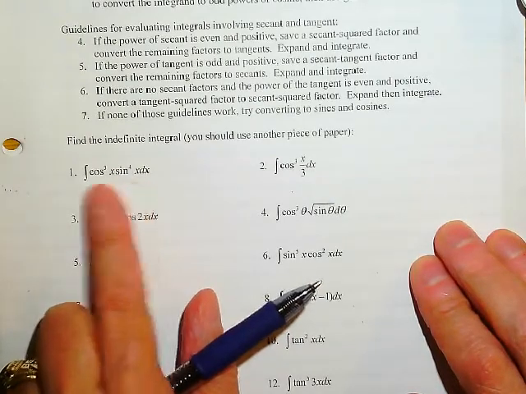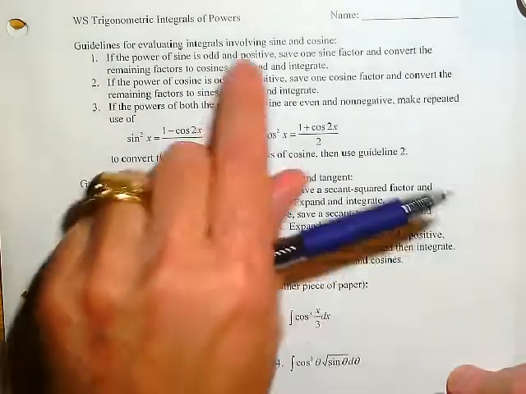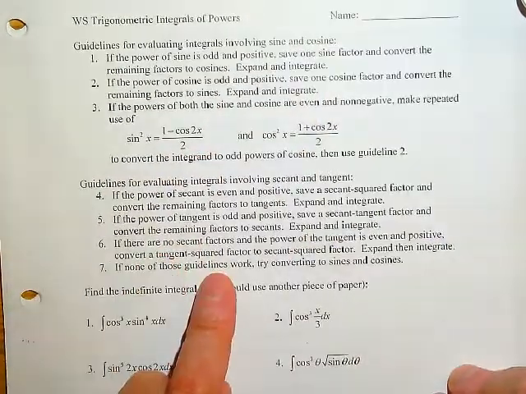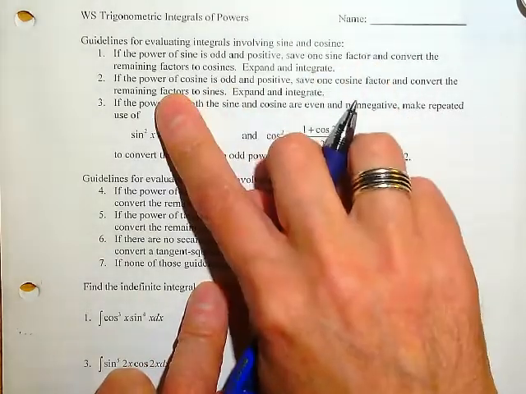You're going to have multiple examples like that. So sine is odd and positive, save one of those sines and convert the rest of things to cosines. Expand things out and integrate. So if you save one of your sines, you'll have sine as an even power. Sine squared, oh yeah, Pythagorean identity. We should be able to think about that one.